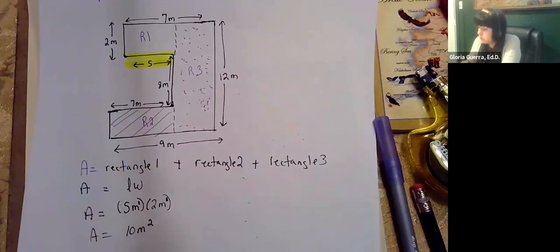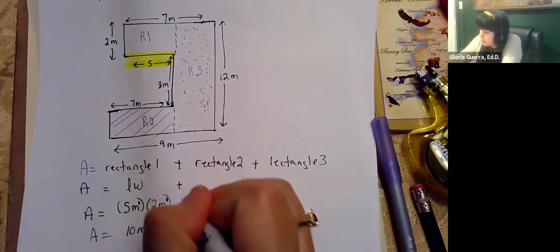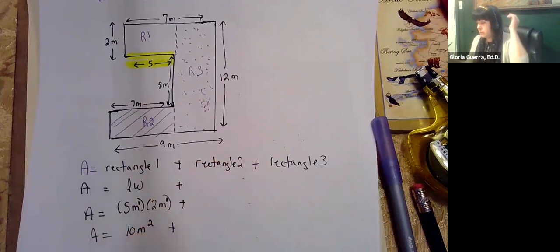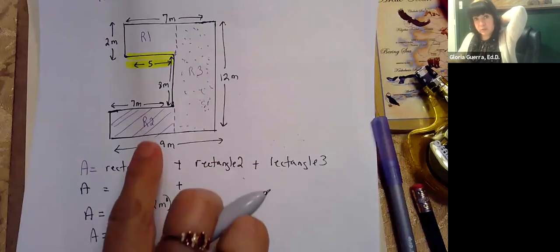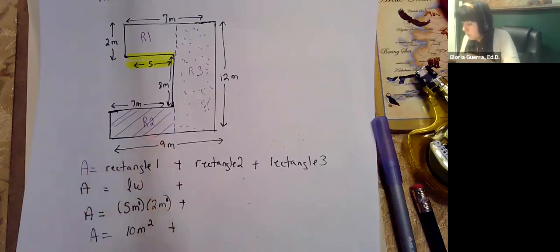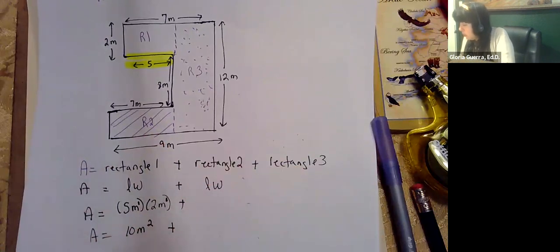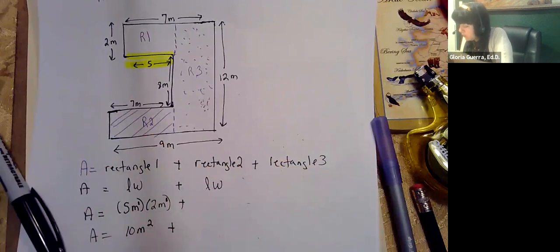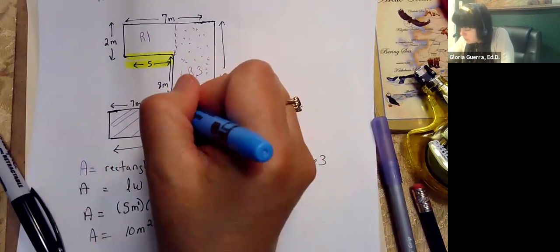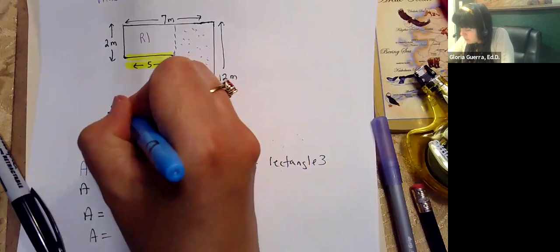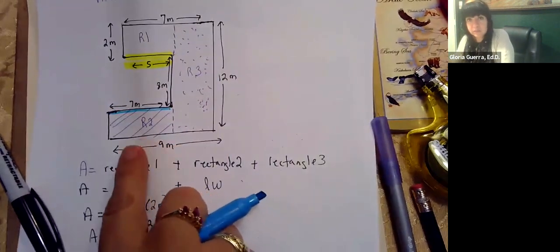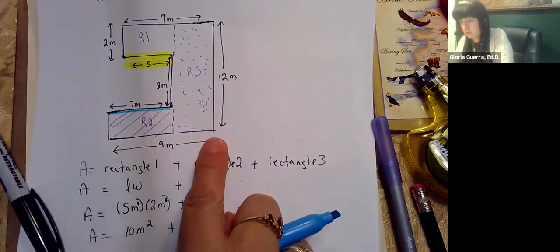Now look at rectangle 2, which is right here. I also need a length times a width. My length looks like I can use this right here. There's 7. Don't use the 9, because the 9 is extra information all the way out here.